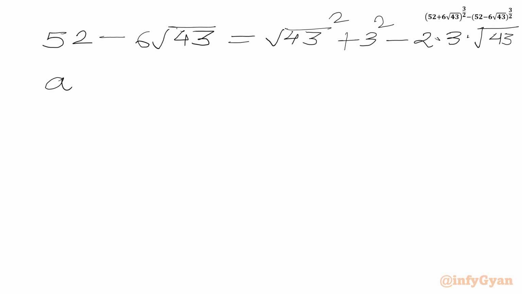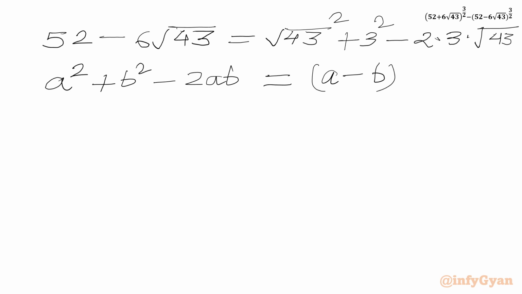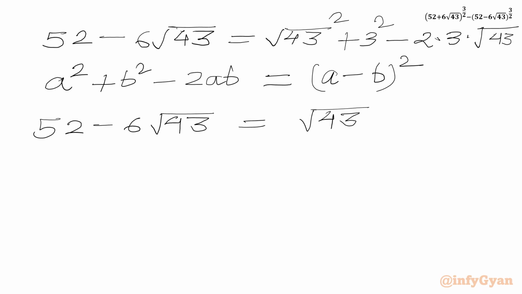Here we can use the identity a square plus b square minus 2ab equal to (a − b) whole square. So we will write 52 − 6√43 equal to (√43 − 3) whole square.